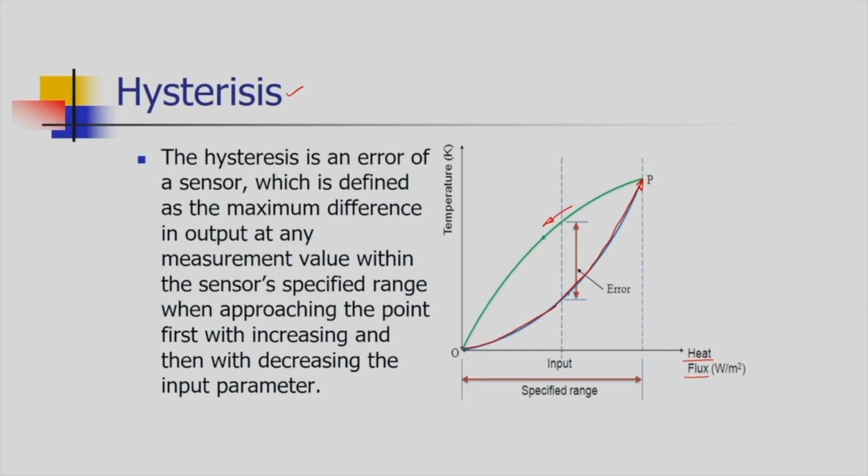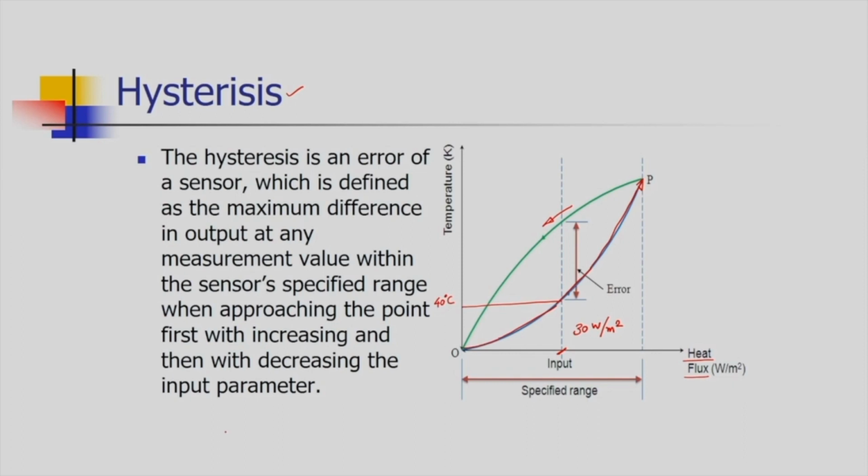So, here you can see for the same input value, if we consider the same 30 watt per meter square, for 30 watt per meter square, the temperature was measured around 40 degrees Celsius when the sensor was used in the increasing trend.